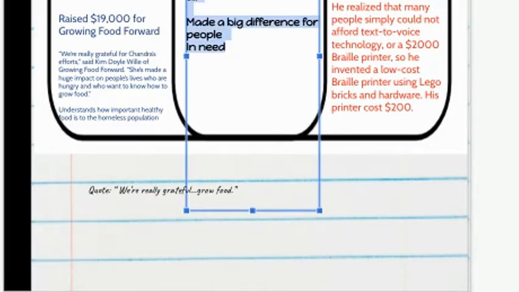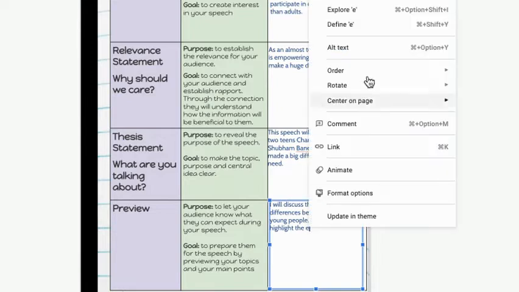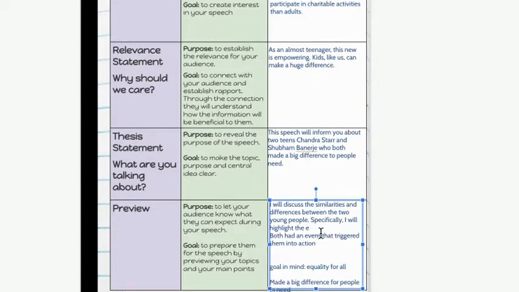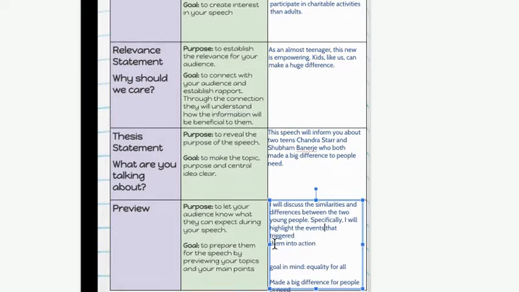So I'm actually going to just copy that from our Venn diagram, go down here, and paste without formatting. I'm going to say specifically, I am going to highlight the events that triggered them into action. And you might clean this up a little bit: triggered the teens into action.